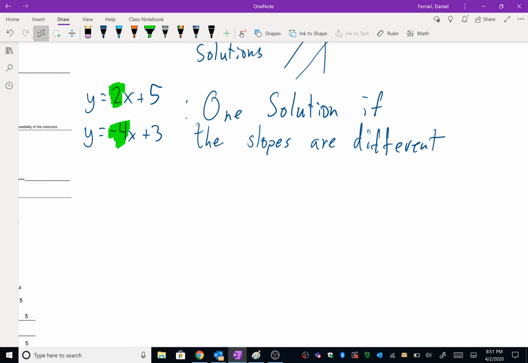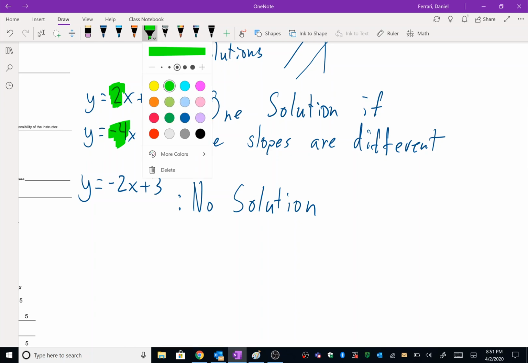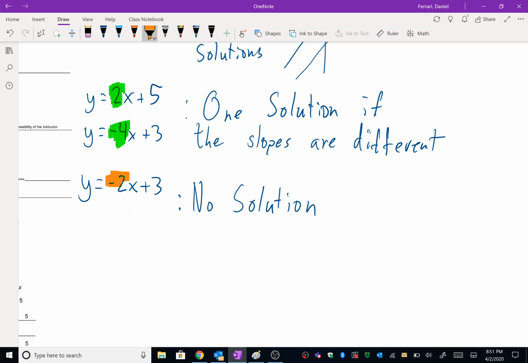Okay, to find if you have no solution, you are looking for two equations where this time the slopes are the same. Notice how my first equation has a slope of, let me change my highlighter, slope of -2.